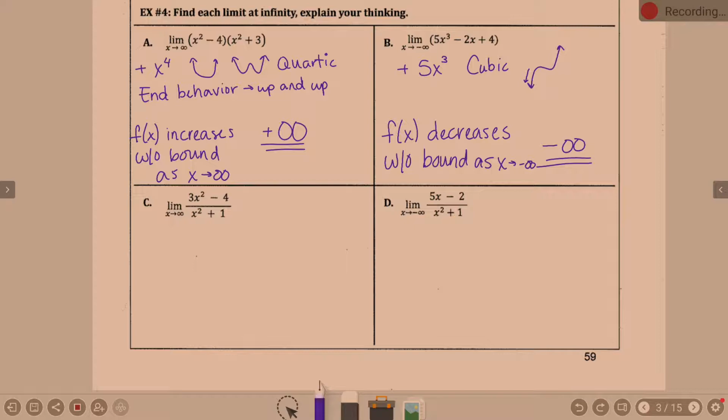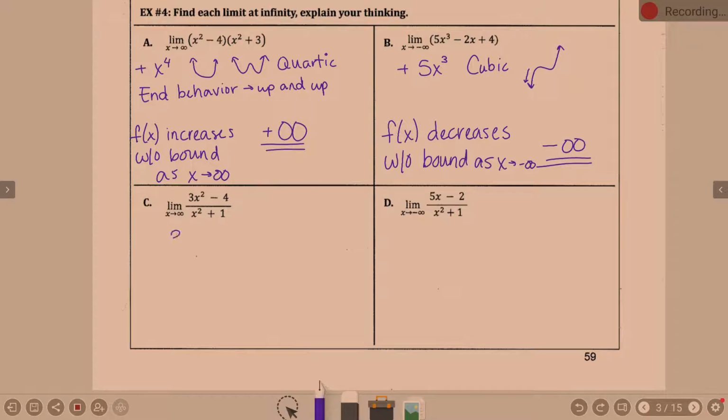Now, what about C? We're changing things up a little bit. First of all, we have to note that there is a fraction, yes? This is a rational expression. So as we look at that rational expression, what do we have to look at here? We're looking at the highest powers.